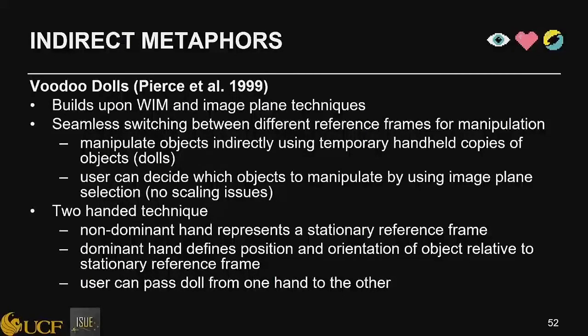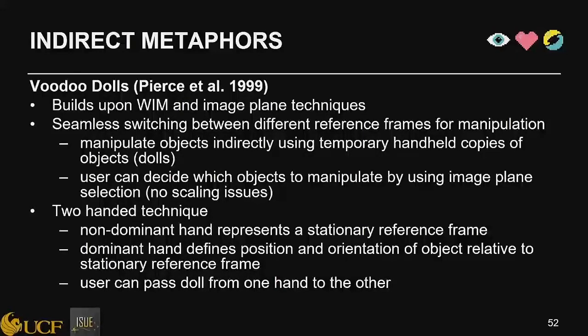So you want to manipulate objects indirectly using temporary handheld copies of the objects, which are the dolls. And the user can decide which objects to manipulate by using the image plane techniques, so there's no scaling issues. And it's like a voodoo doll. It's a two-handed technique. So the non-dominant hand represents a stationary reference frame, and the dominant hand basically defines the position and orientation of the object relative to that reference frame.